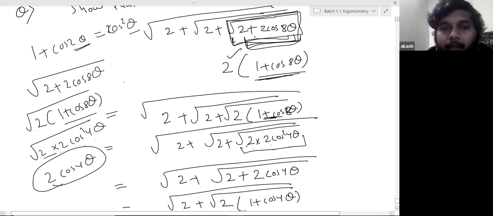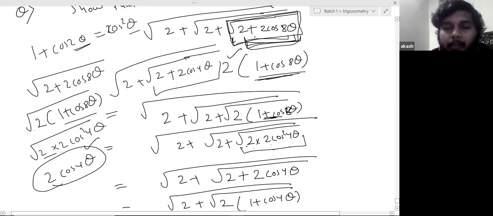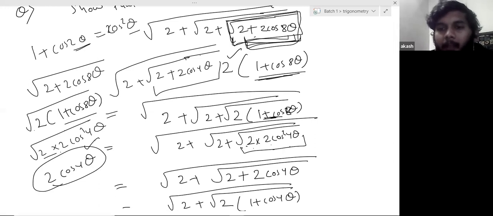So what you will get is 2 plus under root 2 plus the whole value substituted by this, 2 cos 4 theta, and whole under root. Now take this under root again and simplify, put the value again, and this will be solved easily. Gautam, clear?